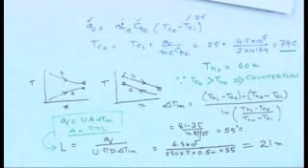So this simply tells you that the length of the double pipe heat exchanger to be provided for this operation to take place is 21 meter.